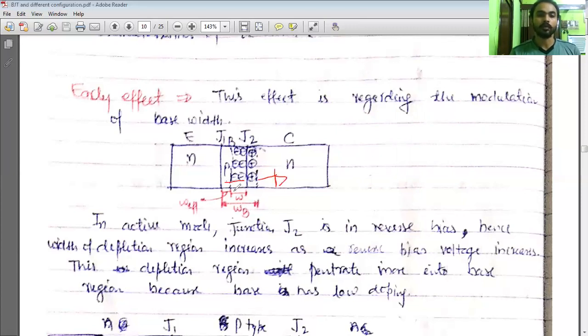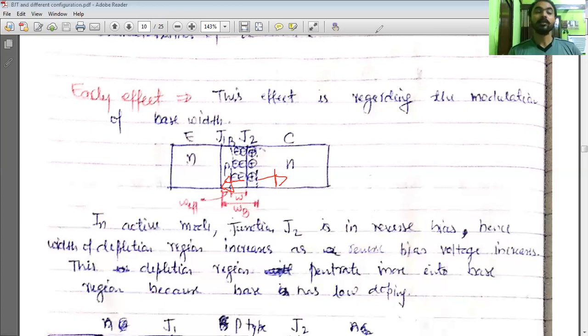So when I increase the reverse bias voltage, the width of the depletion layer should increase, and this increment will be compensated by penetration into either the collector region or the base region. But since we know the base region is lightly doped, the depletion layer penetrates more in the base region than the collector region.